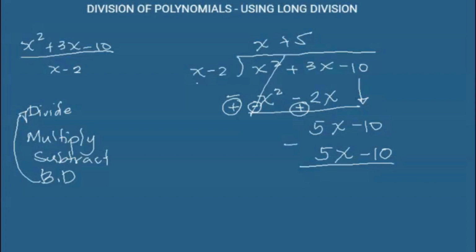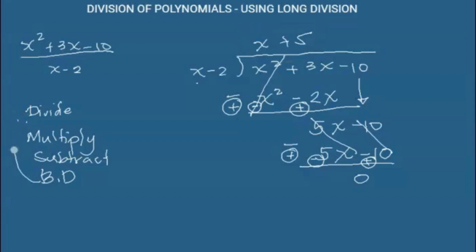Then subtract, and remember, add the opposite. So this will be negative 5x, and this will be positive 10. As you can see, these two terms just canceled out. So that's 0. The answer is, our quotient is x plus 5.